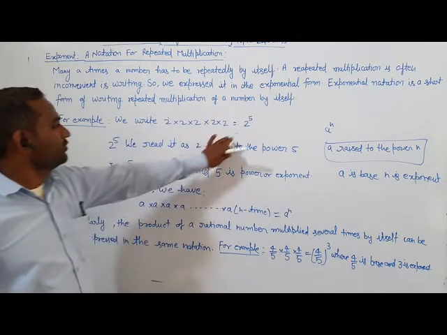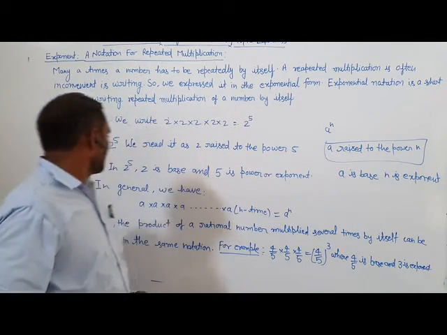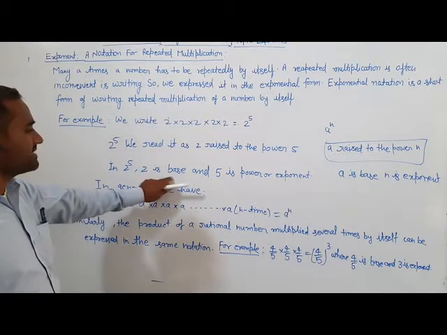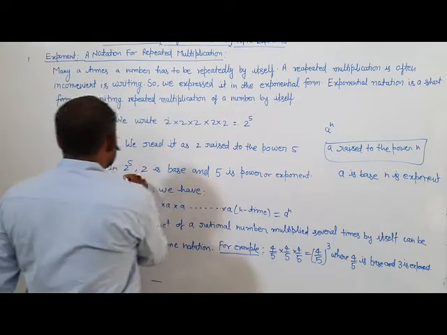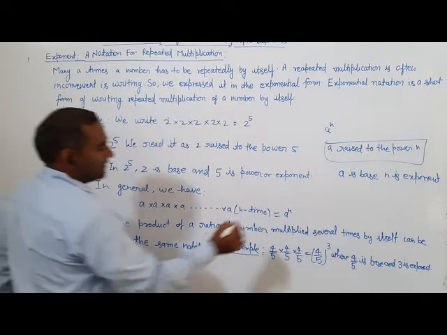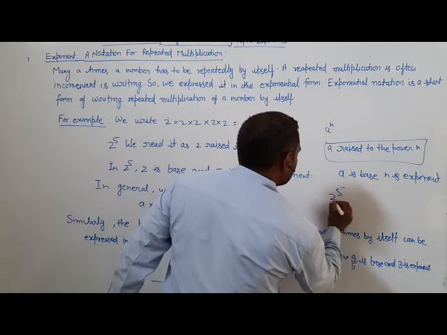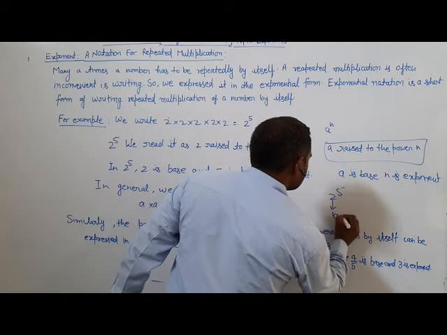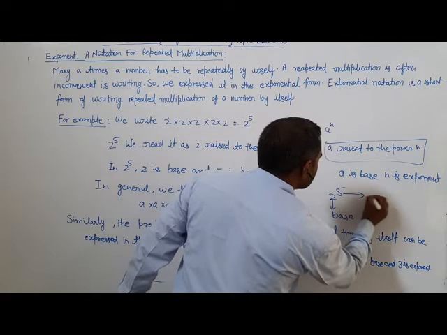We read it 2 raised to power 5. Here in 2 raised to power 5, 2 is base and 5 is exponent.